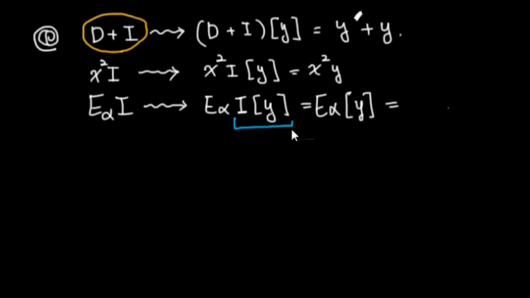We're doing this composition of two operators to a function. So I will do the inside operator first, which will give you y, and then we do outside operator, the evaluation operator. So the evaluation operator spits out the constant function.